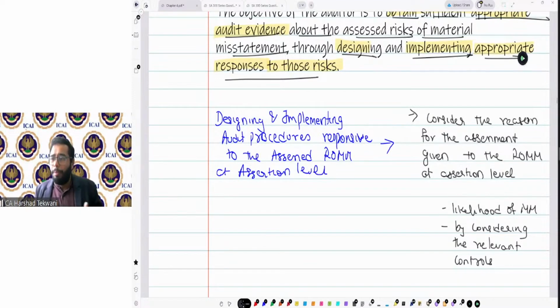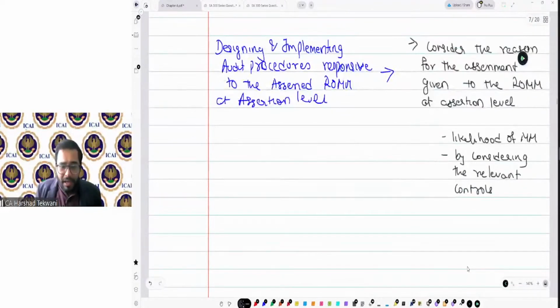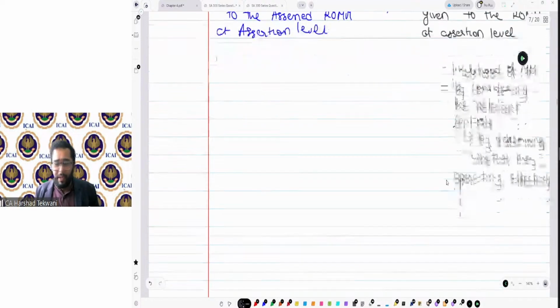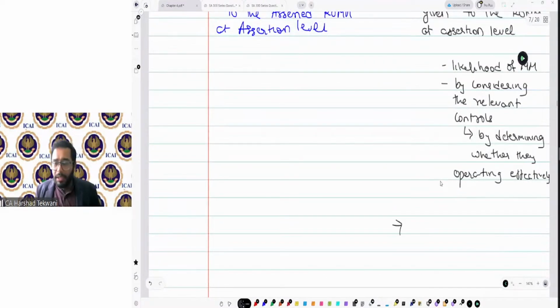By determining whether they are operating effectively throughout the period or not. So that is the first thing you need to do. You need to consider the reason. And then what you need to do is obtain more audit evidence.